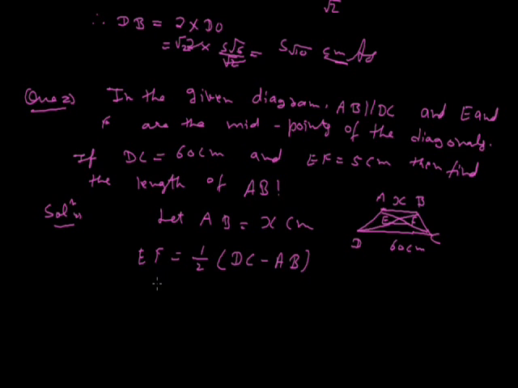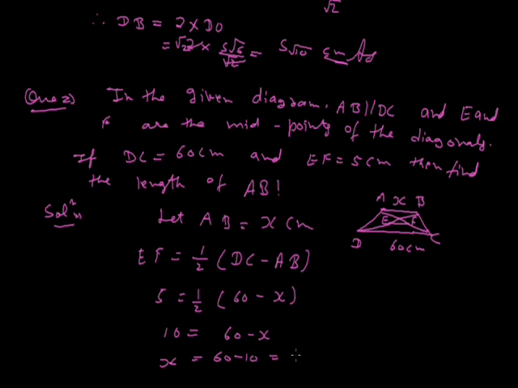Now the length of EF is given in the question, which is 5 centimeter, equal to 1 by 2 times the length of DC, which is also given as 60, minus X. We just need to find the value of AB, which is X. By cross multiplication and simplifying the equation, we can easily get the value of X. So 5 multiplied by 2 is equal to 10, equals 60 minus X. So minus X will be positive on the LHS and 10 will be negative on the RHS.